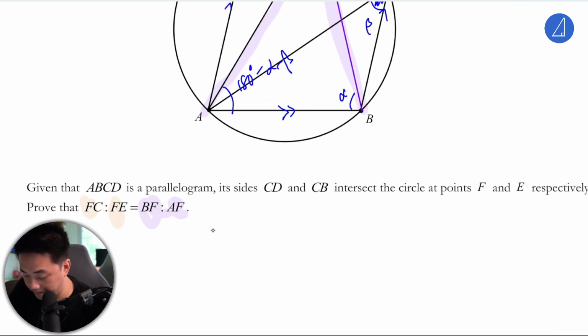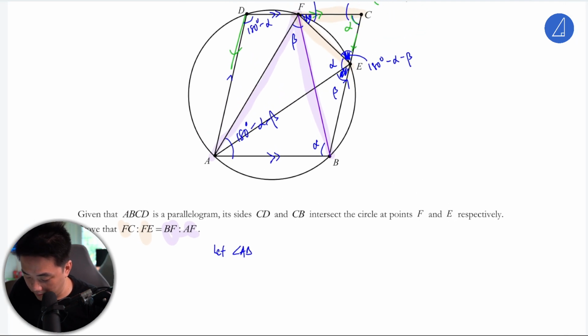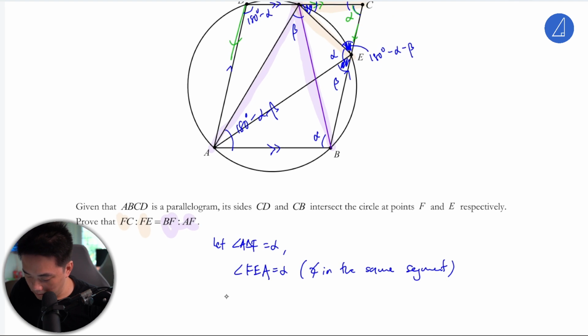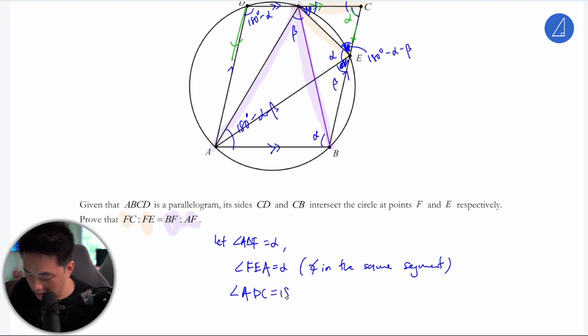So let angle ABF equal alpha. So angle FEA, angle in the same segment. Then angle ADC, angle in the opposite segment.